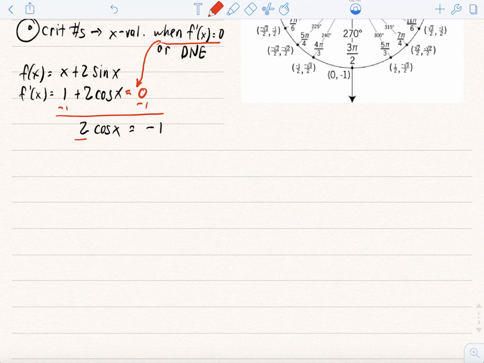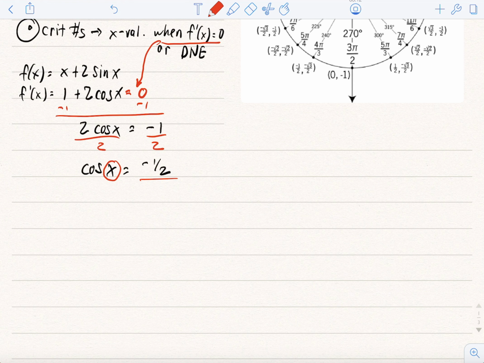Then I'm going to divide both sides by 2 to get cosine x is equal to negative 1/2. Now we're all set. I set it up so that I can find the x values such that cosine of that angle will give me an answer of negative 1/2.